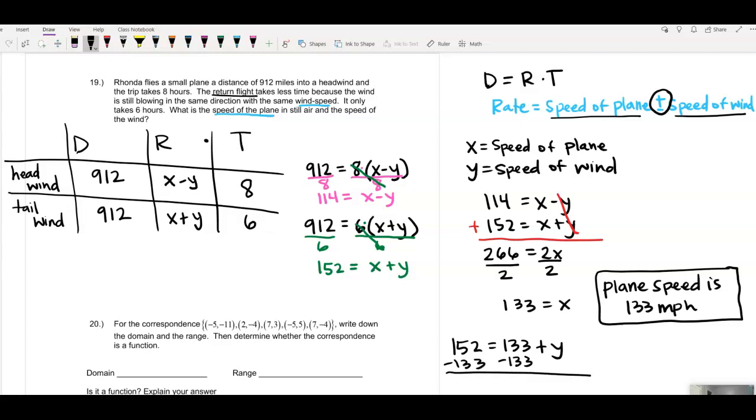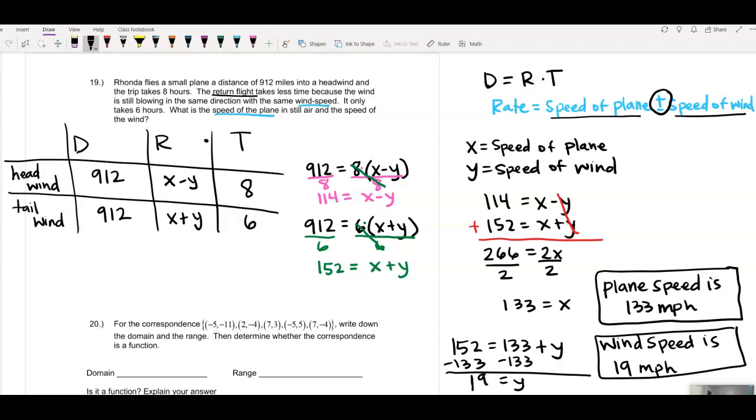All right, so when I do that, I get 19. And so what does that 19 represent? The speed of the wind. Yeah. So wind speed is 19 miles per hour.